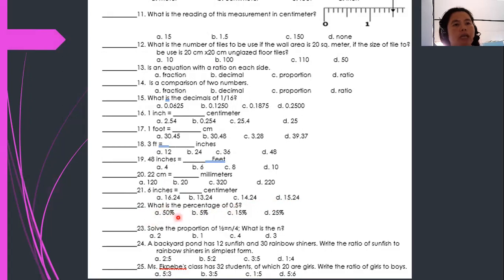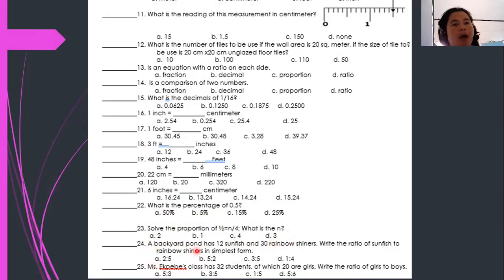A, 50%. B, 5%. C, 15%. D, 25%. 23. Solve the proportion 1/2 equals n/4. What is n? A, 2. B, 1. C, 4. D, 3. 24.